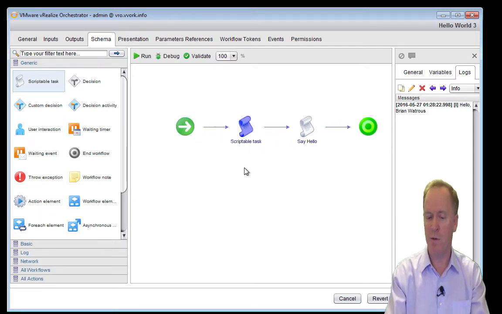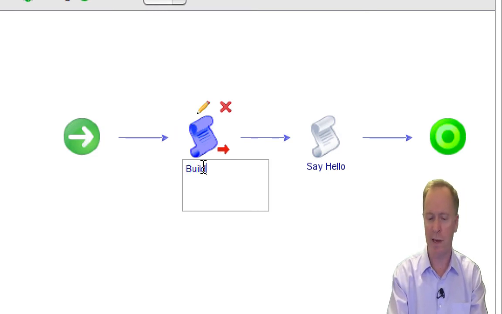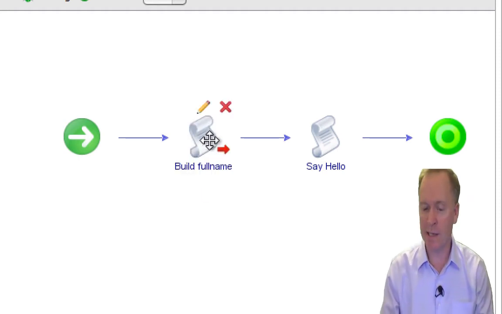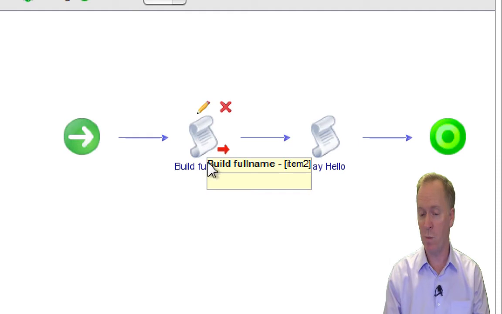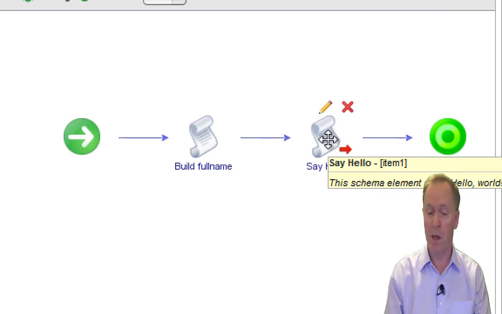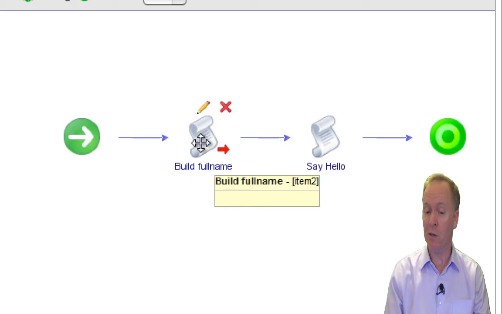I'm going to change its name, its label I should say, to something descriptive like build full name. So the purpose of this first schema element is it's going to set the value of that full name variable, and then the say hello workflow is going to print the value of that variable. To do this, we need to do some binding.